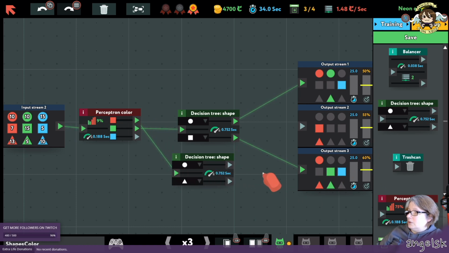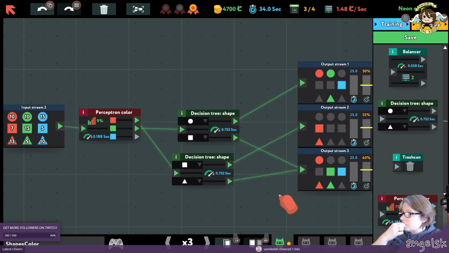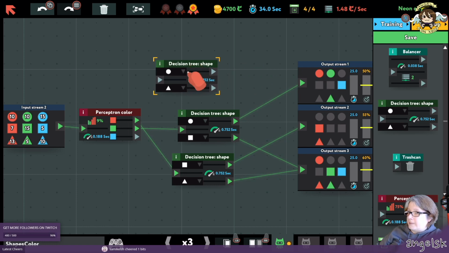Split the triangles. Blue, we just need the squares. And a trash can? No, trash can's gonna muck everything up.